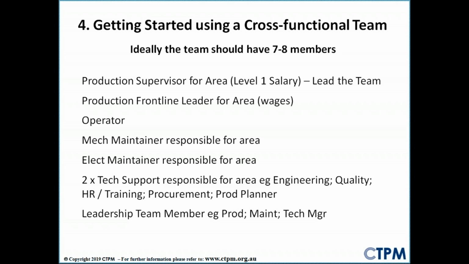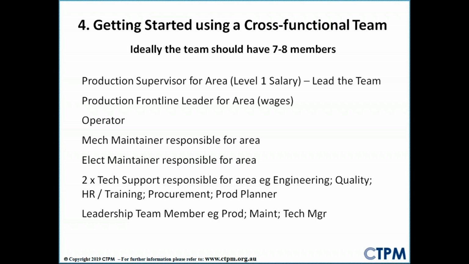We want to get as many people involved as possible, but we don't want too many, otherwise you end up with people hiding in the corners. We want the production supervisor for the area to lead the team. So you normally pick a production line or production area where you can measure your good input and output, so you can measure OEE, and you want the production supervisor.